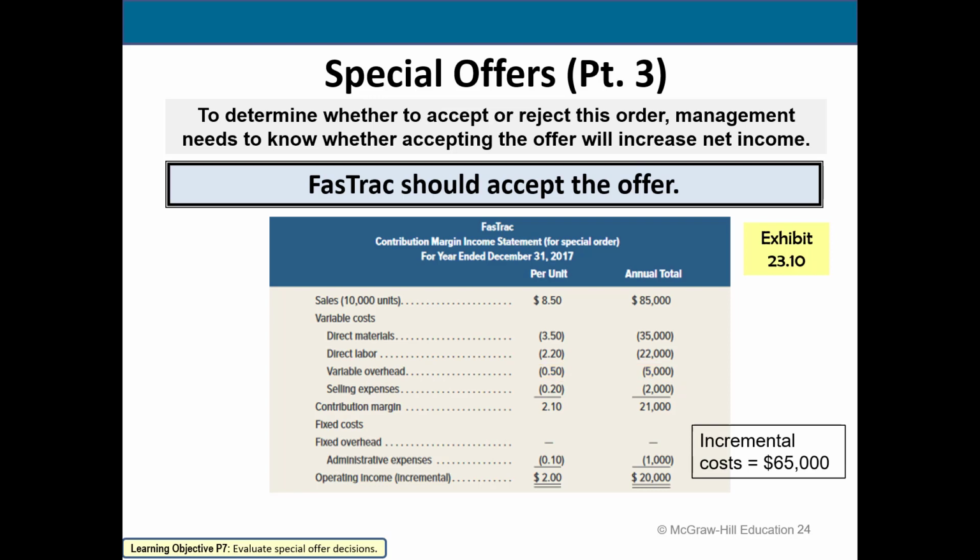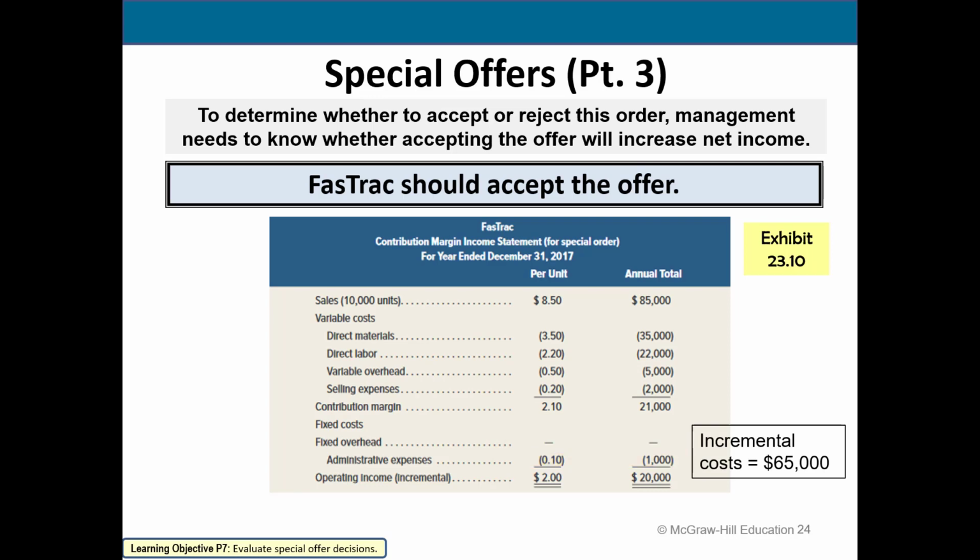Then we have some incremental costs. The other costs are selling expenses, which are incremental just for this order, will be 20 cents a unit. Fixed overhead will not change, so therefore it's not relevant. And they will incur incremental administrative expenses of $1,000.